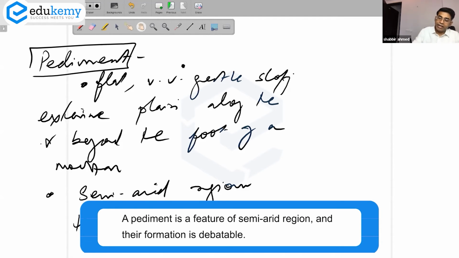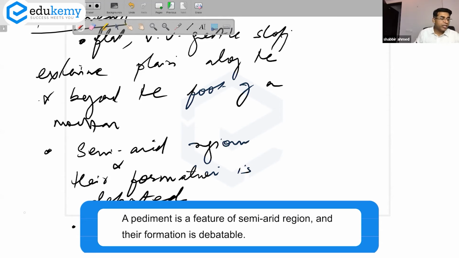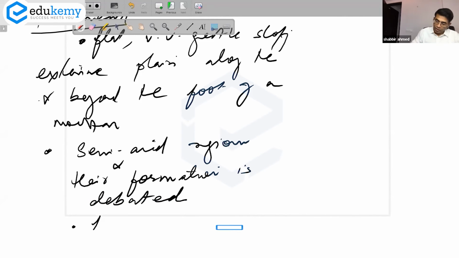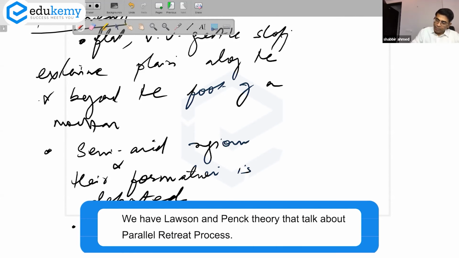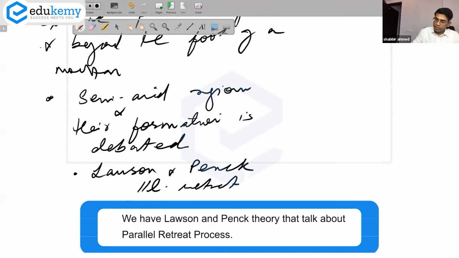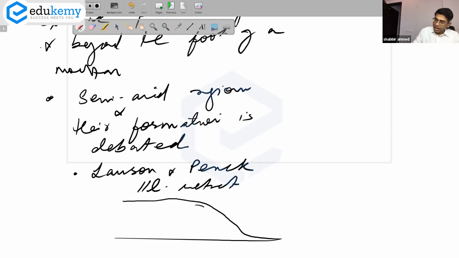How are they formed? So we have two theories. We have Lawson and also Penck. They talk about the parallel retreat process. So if this is the original landscape, parallel retreat, parallel retreat, parallel retreat. This has been growing.